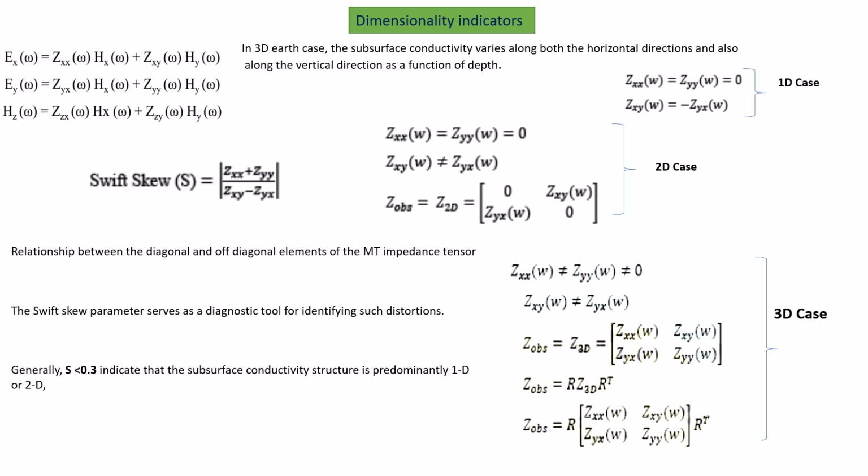So you can have all the tensorial elements xx, xy, yx, yy. So if this skew parameter of the tensor is less than 0.3, the subsurface conductivity structure is predominantly a 2D structure. It is actually serving as a diagnostic tool for identifying the distortion in the 3D.